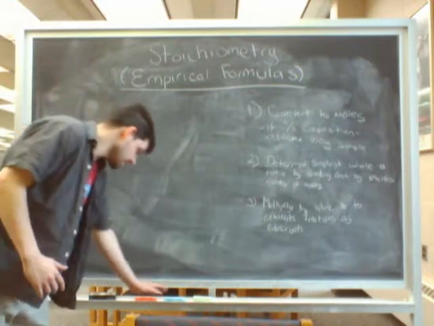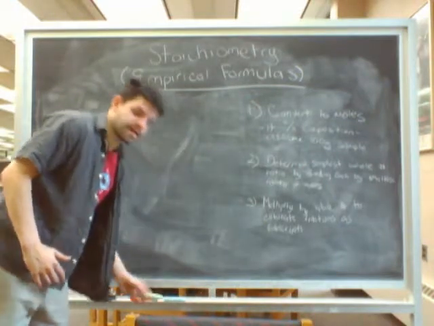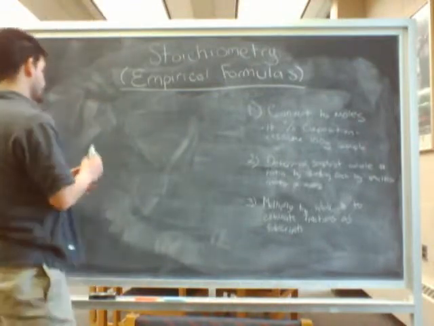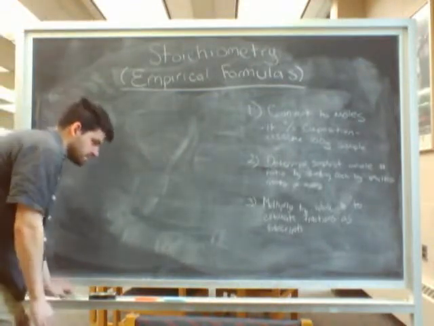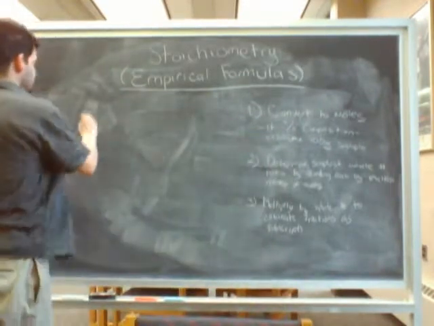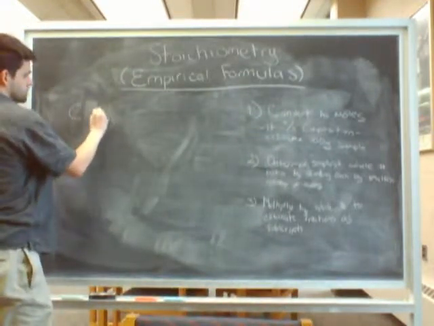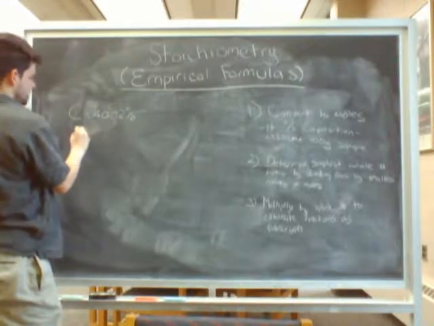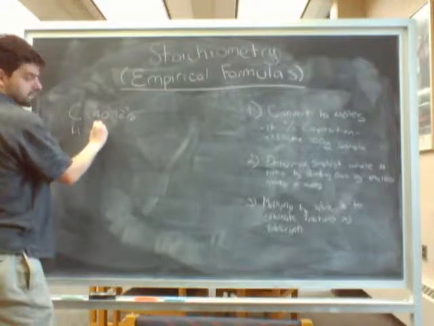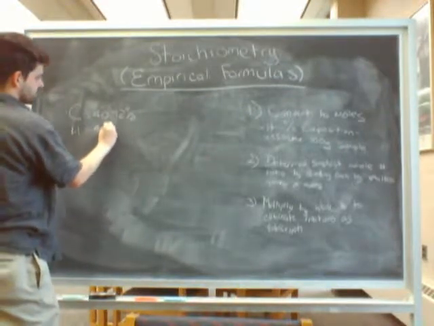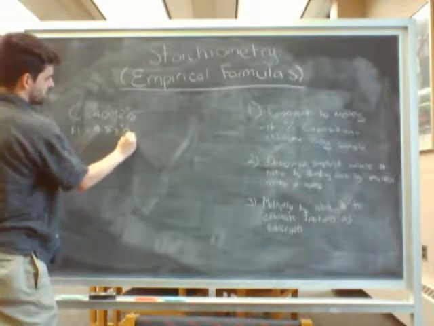So let's look at this ascorbic acid example. The first thing we want to do is write our composition. Carbon is equal to 40.92%. Hydrogen is equal to 4.58%, sorry.